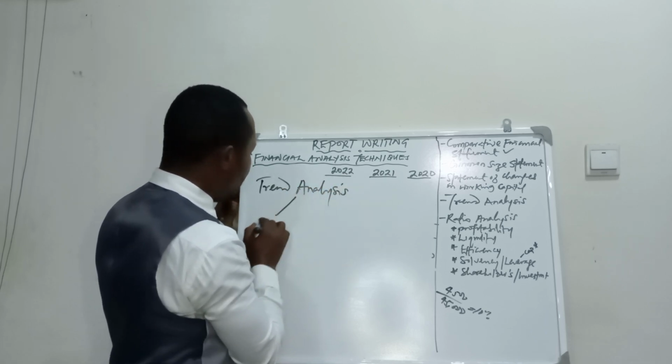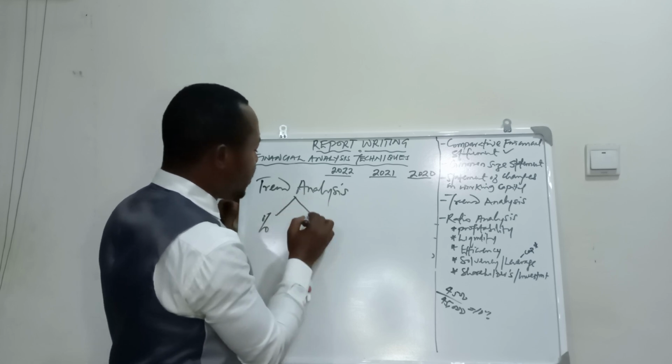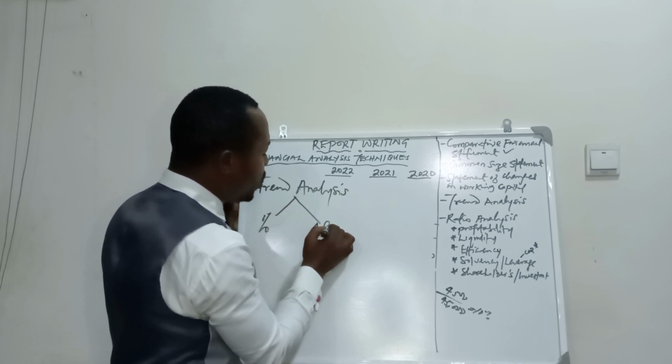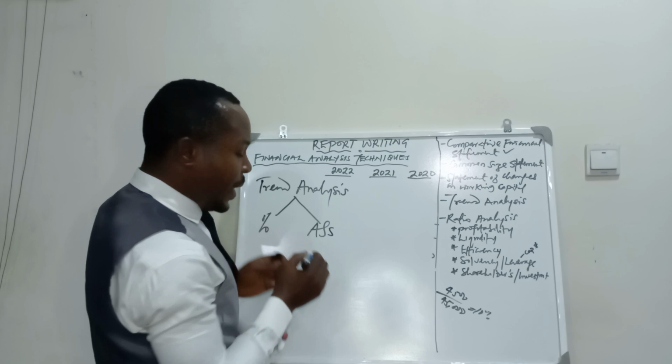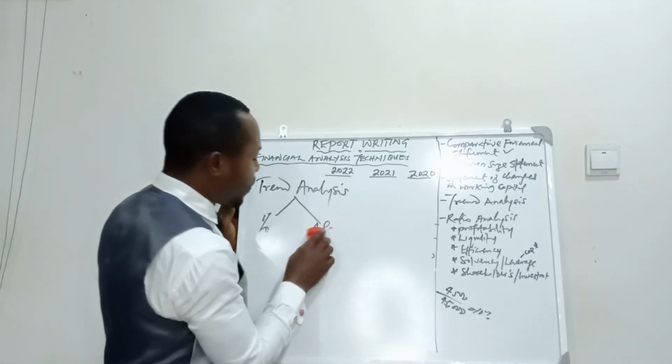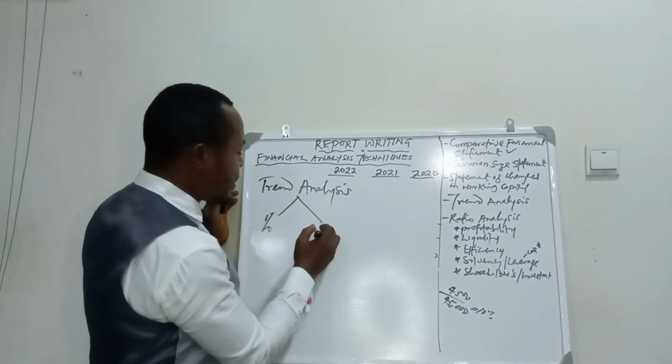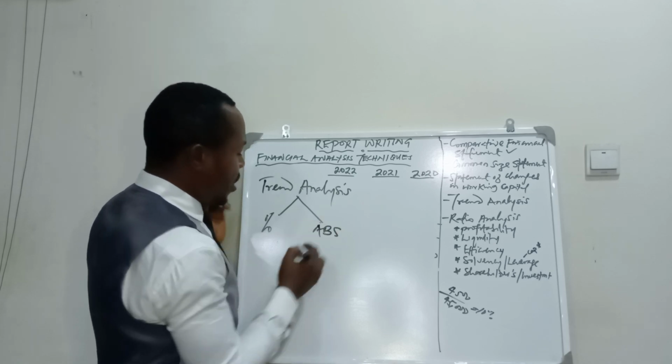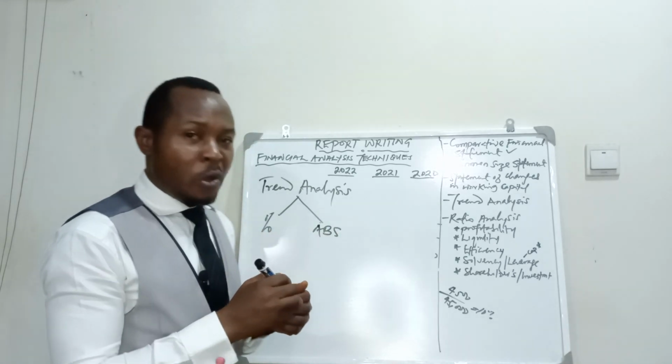It gives you one percentage result, and we have what is called the absolute figure. In a report, you are allowed to write it as ABS. It is called the absolute figure.